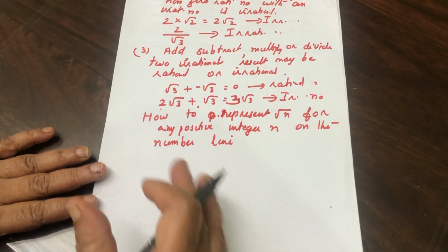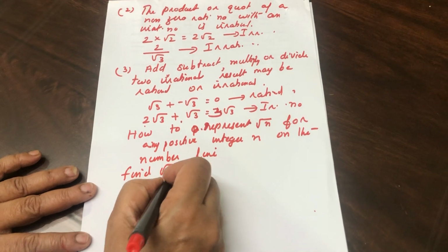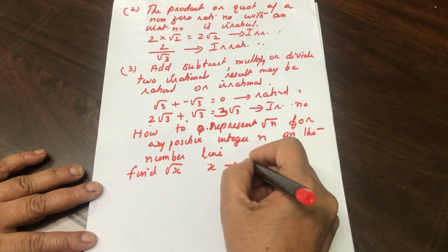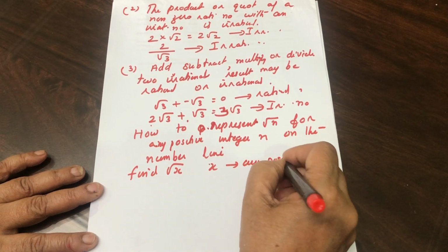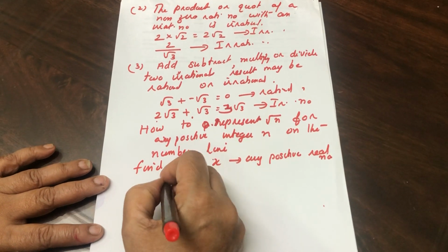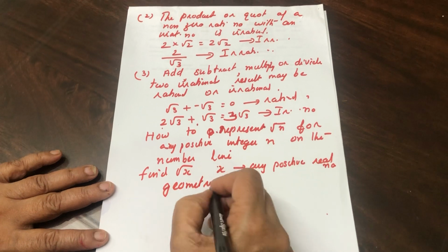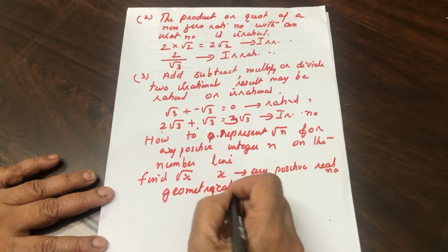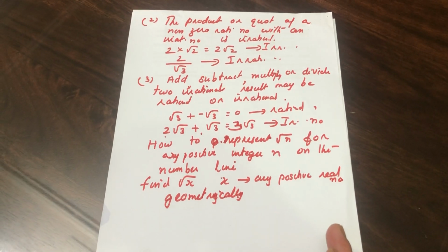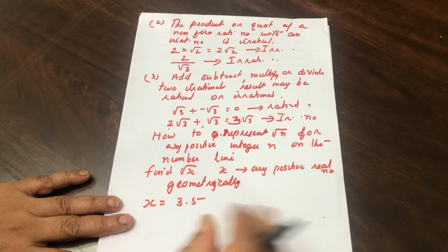Or you can say, find root x, where x is any positive real number, geometrically. That means how to represent this root x on the number line geometrically. So suppose I am taking x as 3.5.